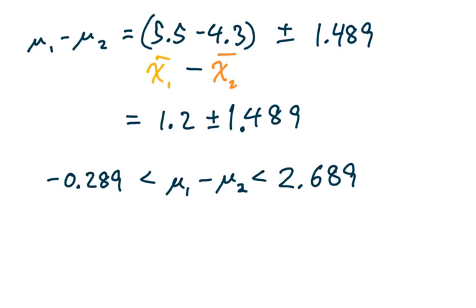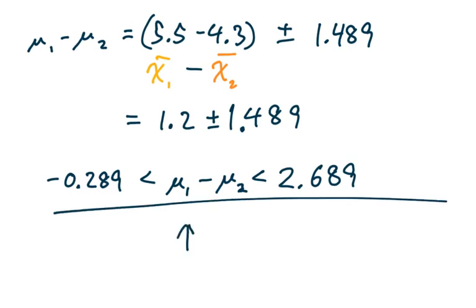Right? And here, the thing to notice is that 0 is one of the values that is contained in this whole range. And so this means that since 0 is contained in this interval, that is one of the values that we would say, okay, yeah, that's close enough. That is what it is equal to.